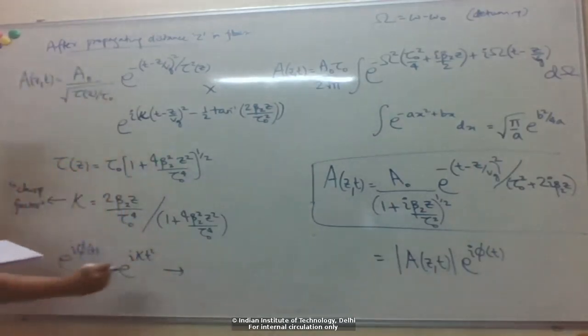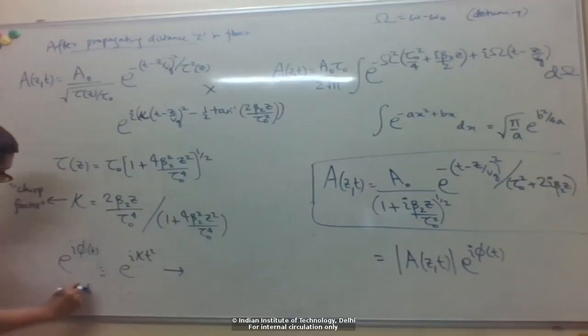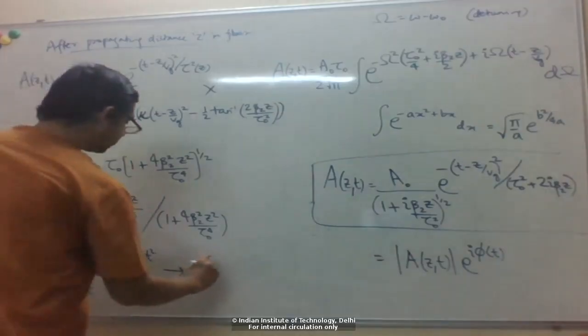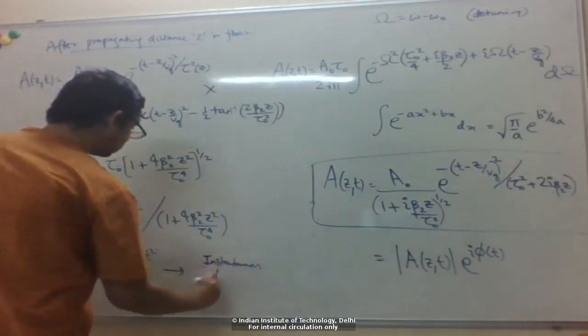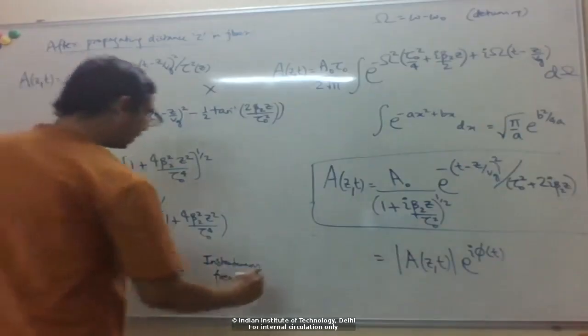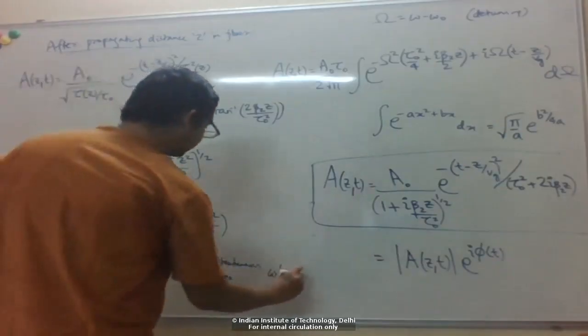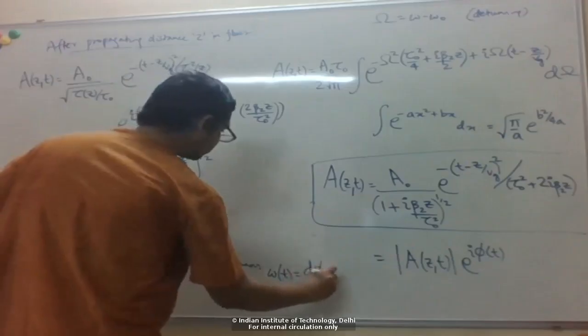Whenever you have a phase like this, comparing it to e to the i omega t, we can define an instantaneous frequency, which is basically the derivative of the phase.